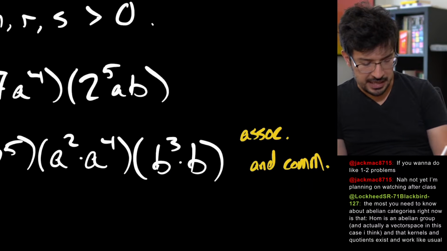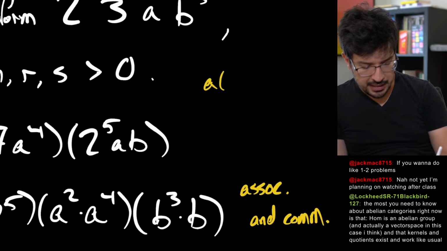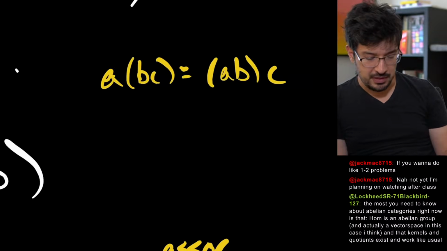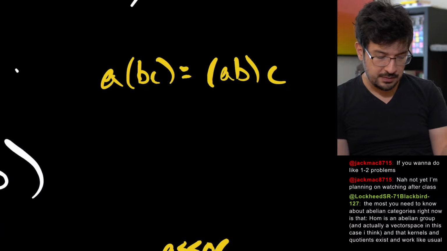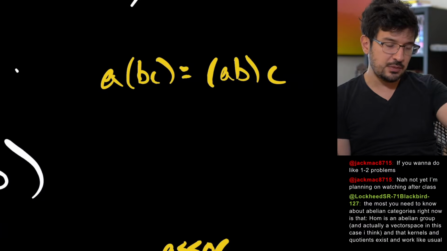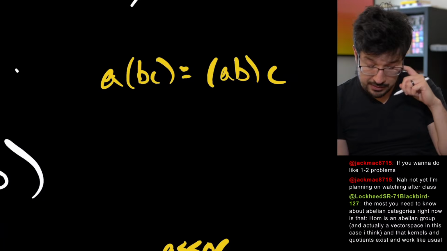So let's remind ourselves, associativity in multiplication is this property that you can regroup parentheses. 1 times 2 times 3 or 12 times 23 times 34 equals, any order of multiplying them in the same order.